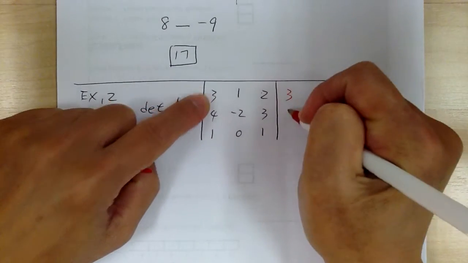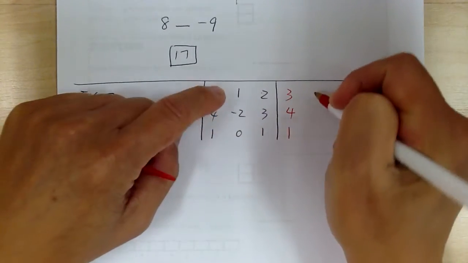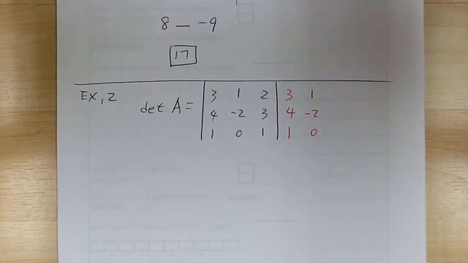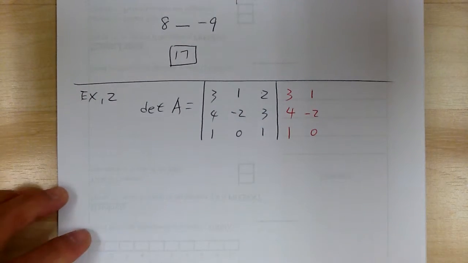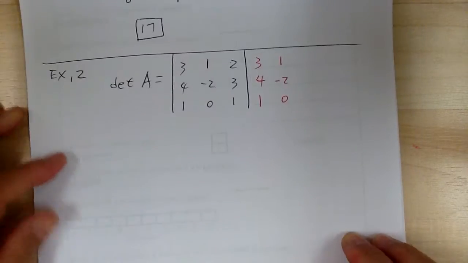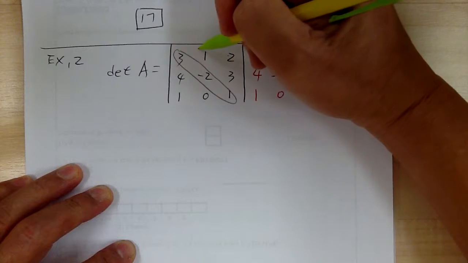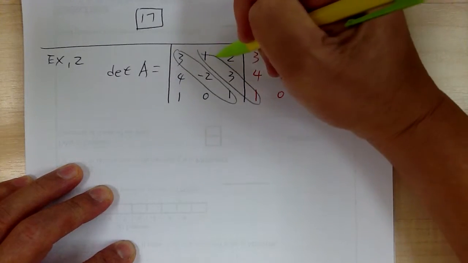So you're going to get 3, 4, 1, and you're going to get 1, negative 2, 0. The reason you want to copy the 2 columns is so that you have enough columns to do your diagonals. So you're going to have these diagonals. That's the reason for copying.